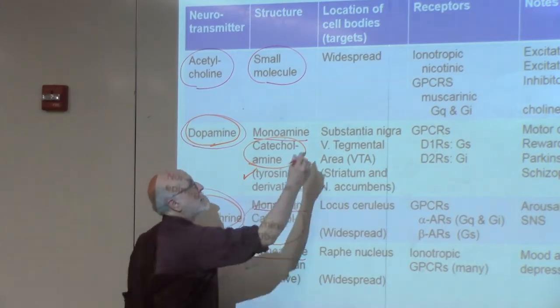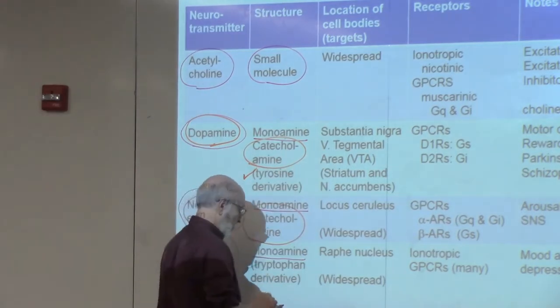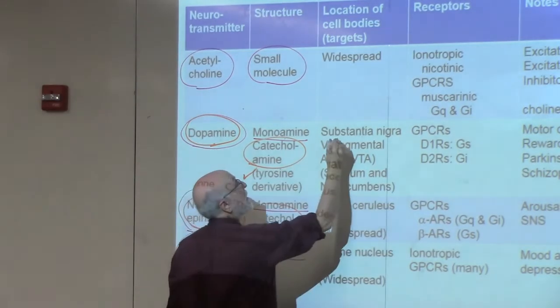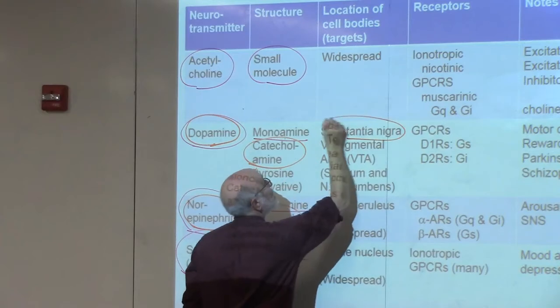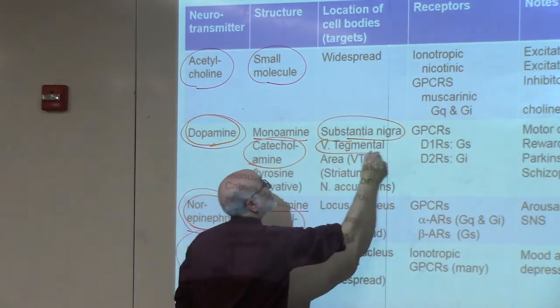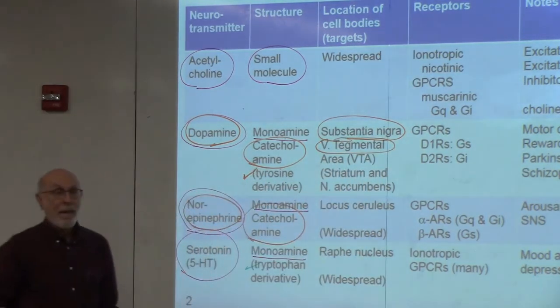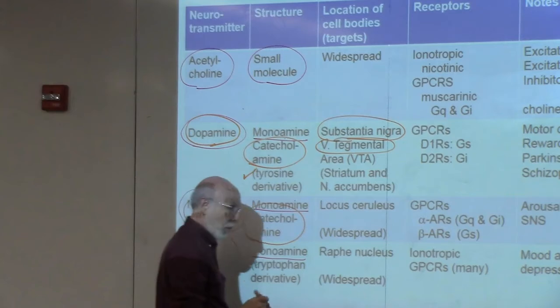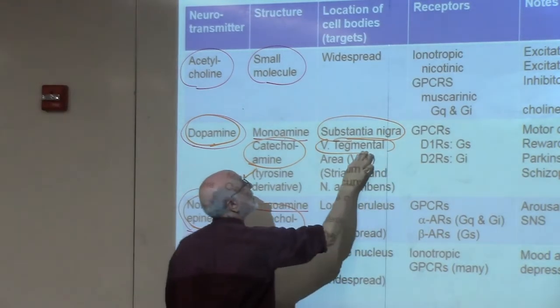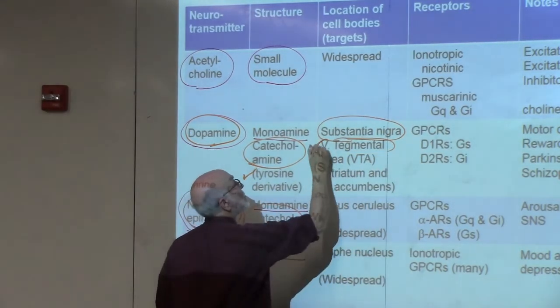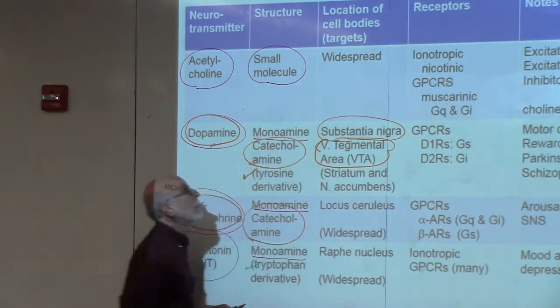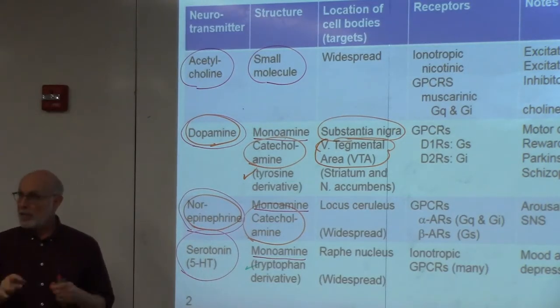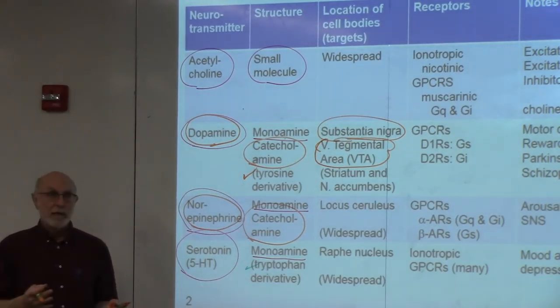So dopaminergic neurons have cell bodies in an area of the brain called the substantia nigra and the ventral tegmental area. We'll see those anatomically in a few minutes.